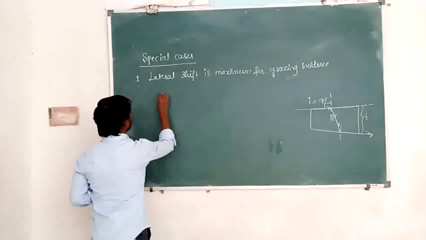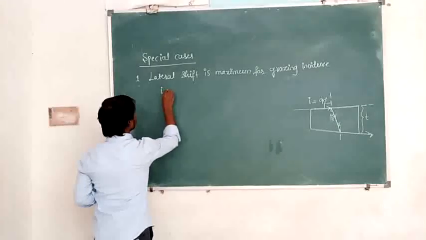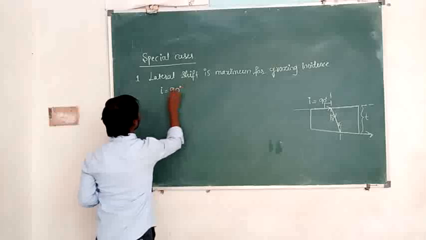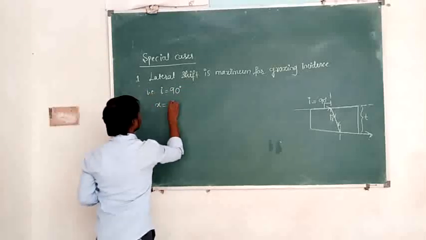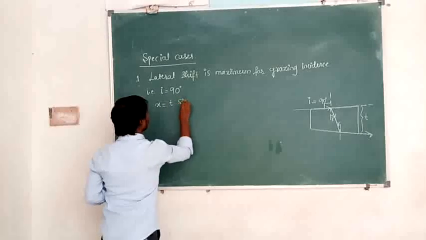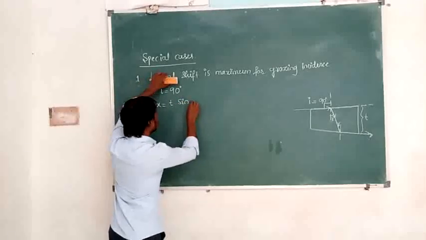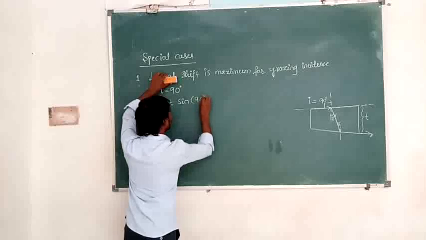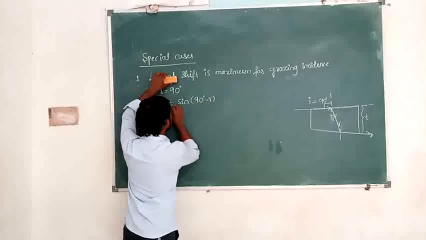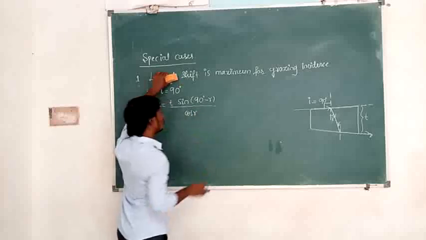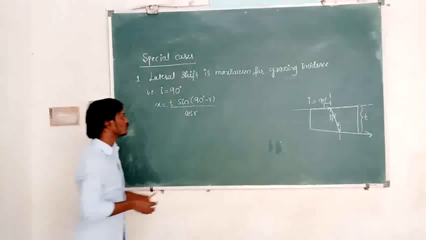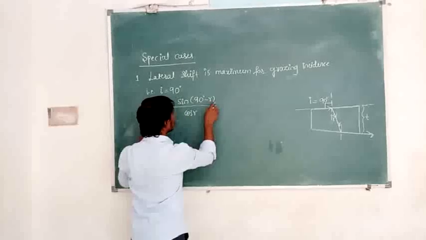So what is the formula here? i is 90 degrees. Lateral shift formula is t sin(i minus r) divided by cos r. With i equal to 90, it becomes t sin(90 minus r) divided by cos r. What is sin(90 minus theta)? Sin(90 minus theta) is cos theta, so here it is cos r.